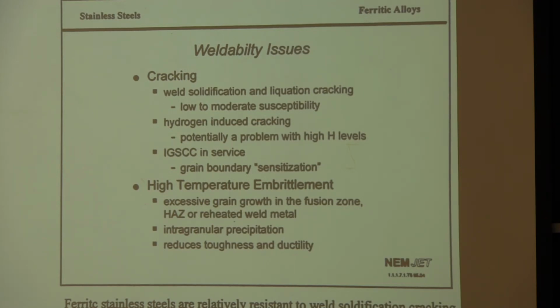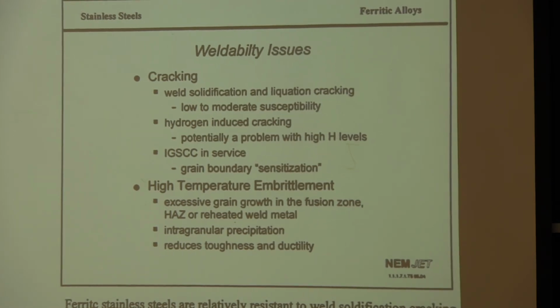Because you don't have a lot of second phase in a lot of these alloys, as you heat them, the grains can typically grow to a size that can lead to embrittlement. You can also get precipitation of carbides and other phases that can lead to embrittlement. And embrittlement always reduces toughness and ductility.